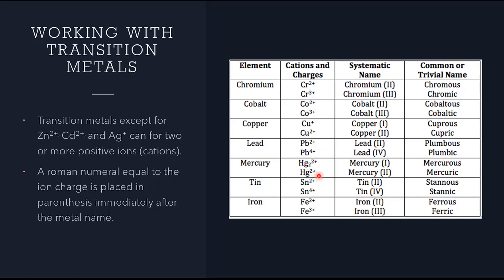Same thing with mercury. We can have mercury 1 or mercury 2, tin 2 or tin 4, and also iron 2 or iron 3, right? These are all just different examples of these transition state metals.